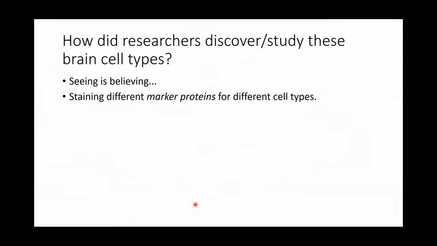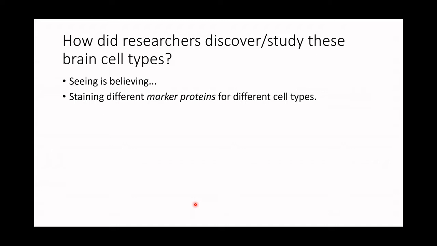Okay. So how did researchers discover or study these brain cell types? Okay, and seeing is really believing, and so they would basically use several techniques, but one of the predominant ones is called staining. You stain different marker proteins for these different cell types. So what are marker proteins? Proteins that are exclusively expressed or active in these cell types are those proteins that mark those cell types.